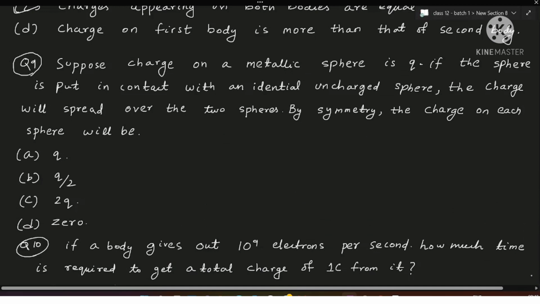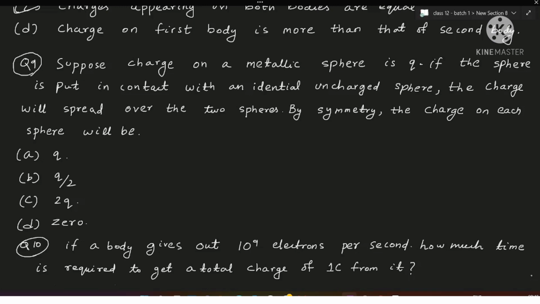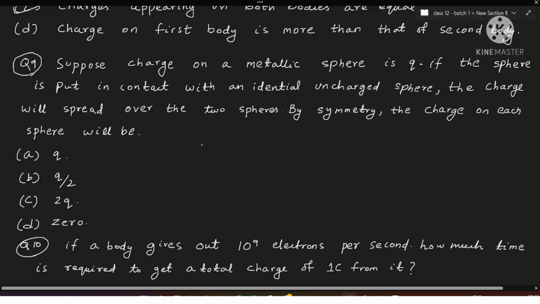Suppose the charge on a metallic sphere is Q, and the sphere is put in contact with an identical uncharged sphere. The charge will spread over the two spheres, and by symmetry the charge on each sphere will be Q/2. Here one sphere has charge Q, another sphere is uncharged.